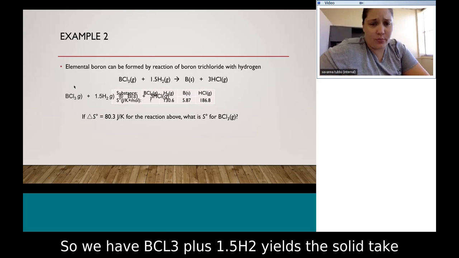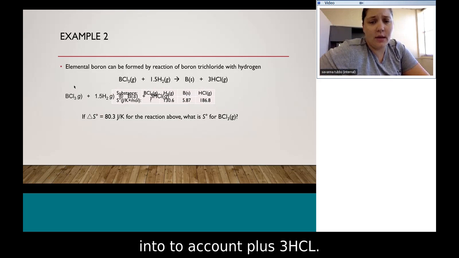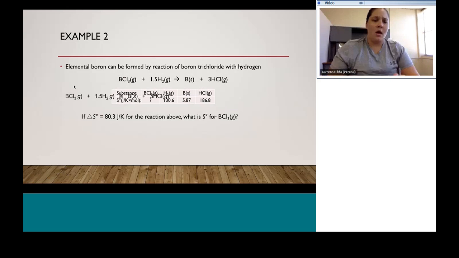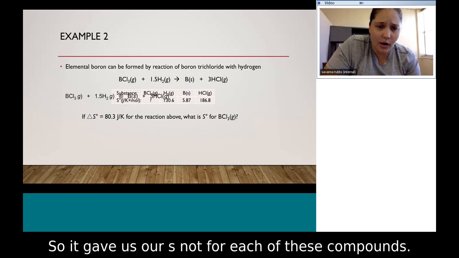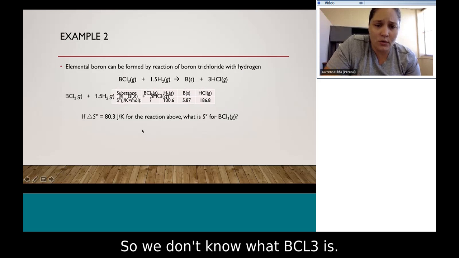So we have BCl3 plus 1.5 H2 yields B solid, plus 3 HCl. And then it gave us our substances, so it gave us our S naught for each of these compounds. So we don't know what BCl3 is.